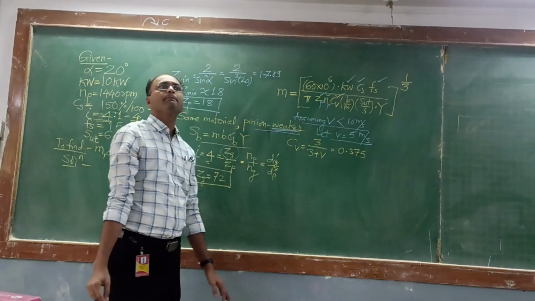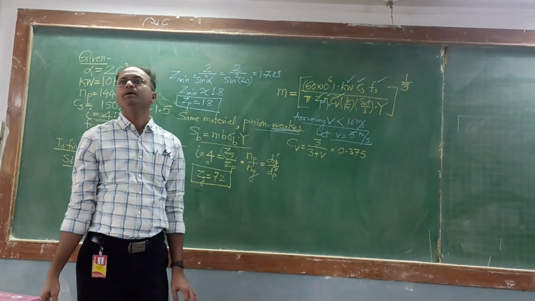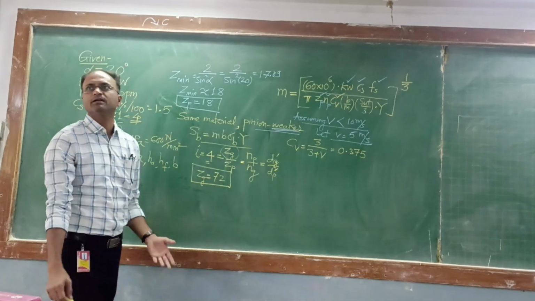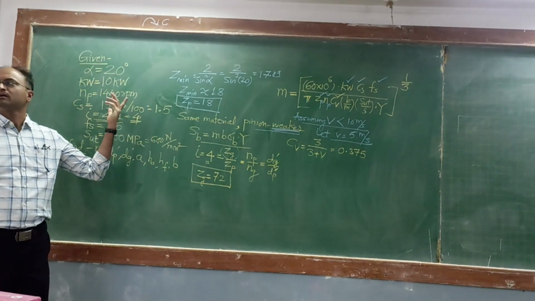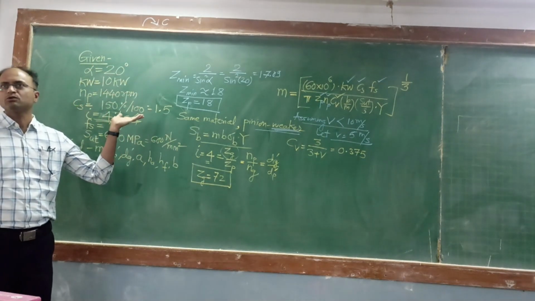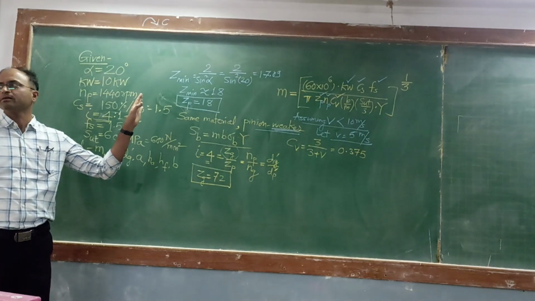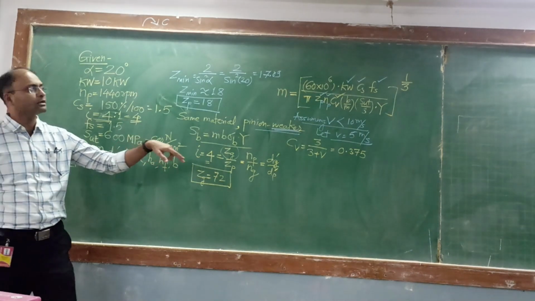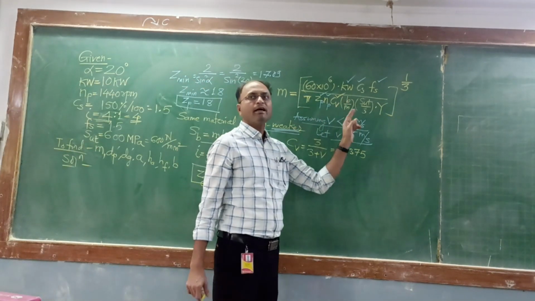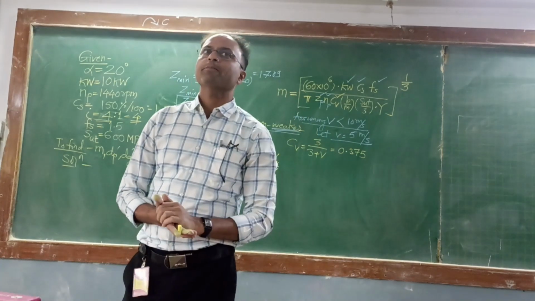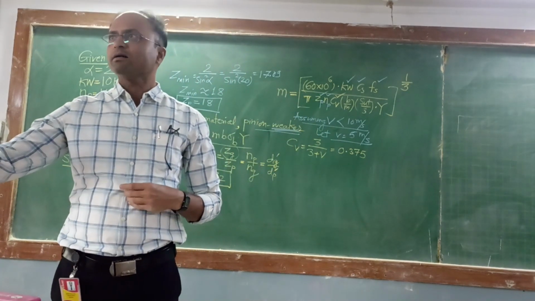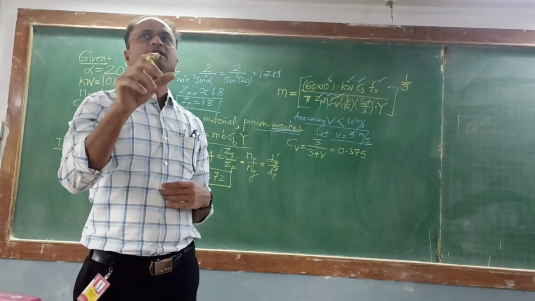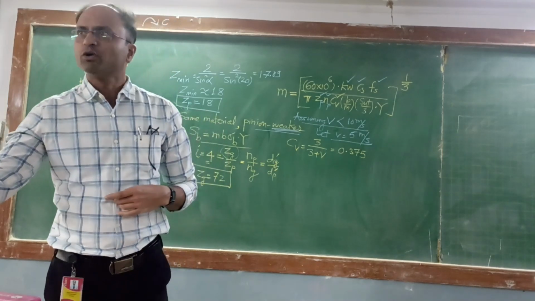What about b by m? b by m. b is known, first thing. Whether b is known? Not known, because m is not known. So you cannot know b. Module is also not known. So both are unknown. But I had given one guideline for b and m. Generally, face width is taken as 10 times module.